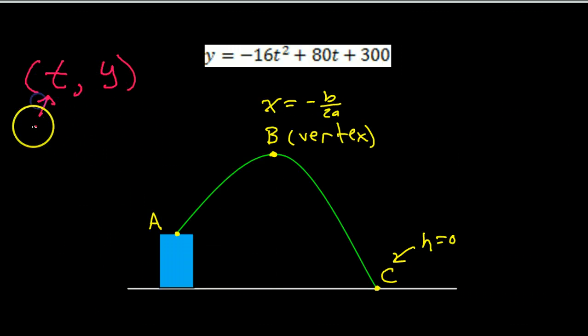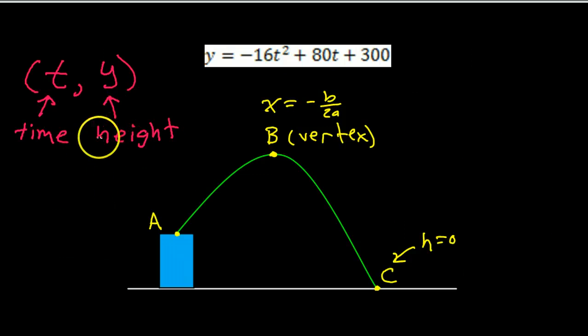The x value, or what normally would be the x value, is now time. And the y value always represents the height on the graph, but in this case, it's literally the height of the object. Okay, so just keep that in your mind.